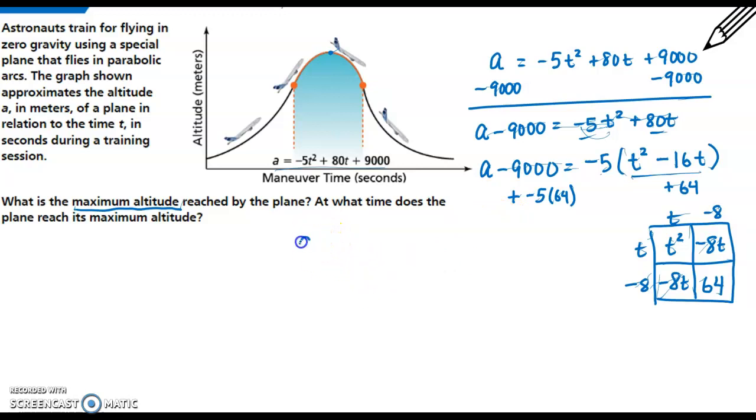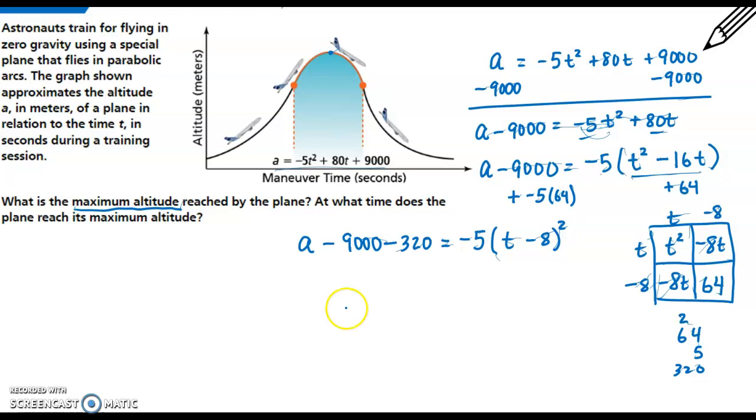So the left-hand side becomes a minus, I need to know what 64 times 5 is. So it's negative 9,000 minus 320. And then on the other side, I have negative 5 times t minus 8 squared.